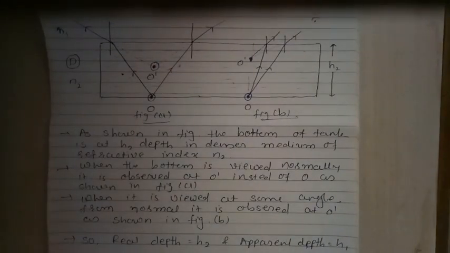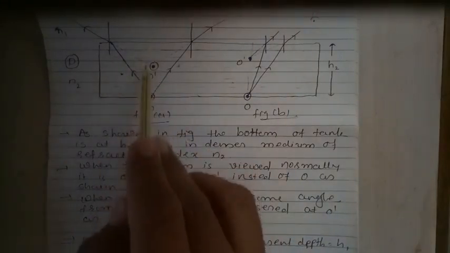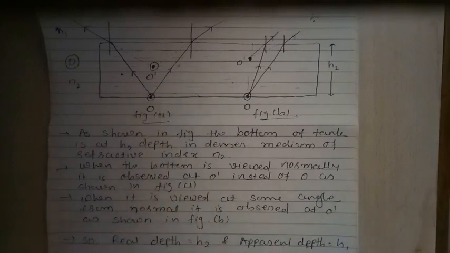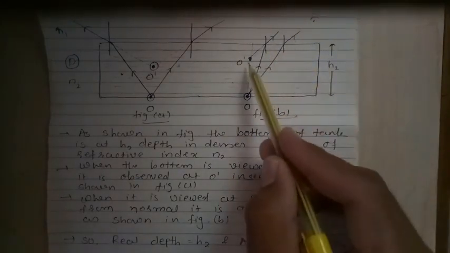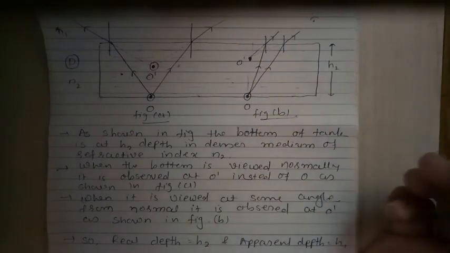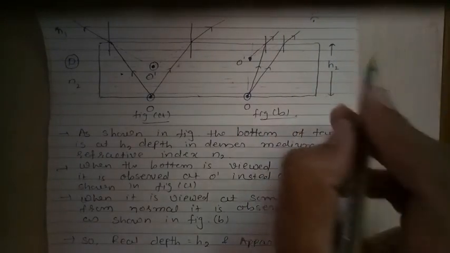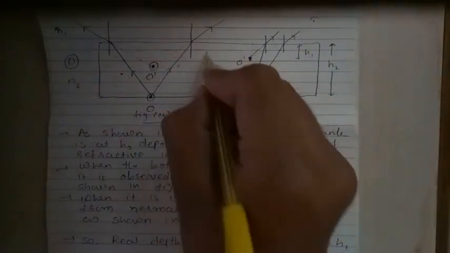When the bottom is viewed normally, it is observed at O dash instead of O. And when the bottom is viewed at some angle, it is also observed at O dash instead of O. So this is our real depth, which is H2, and this is our apparent depth, which is H1, right?